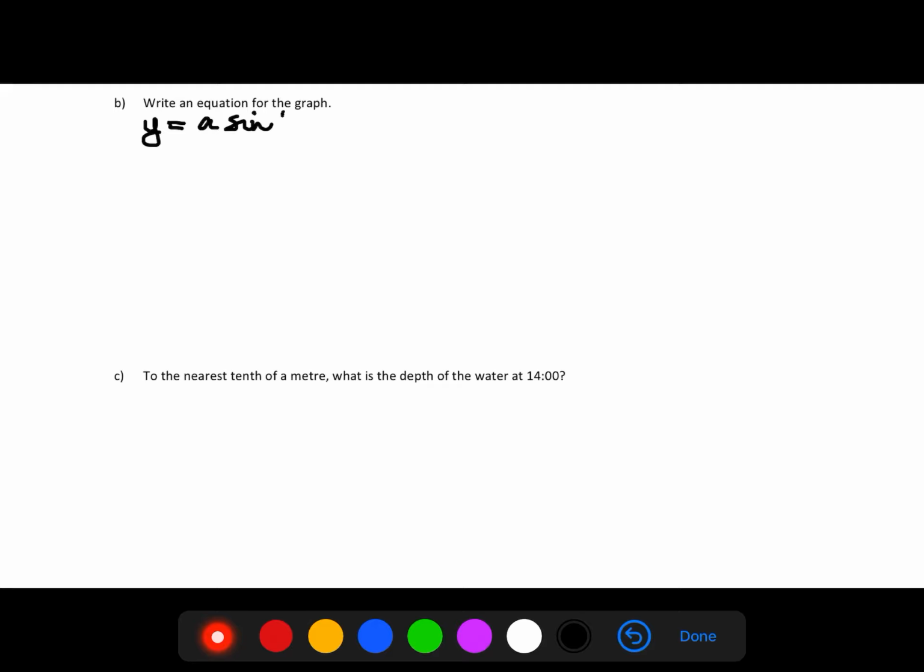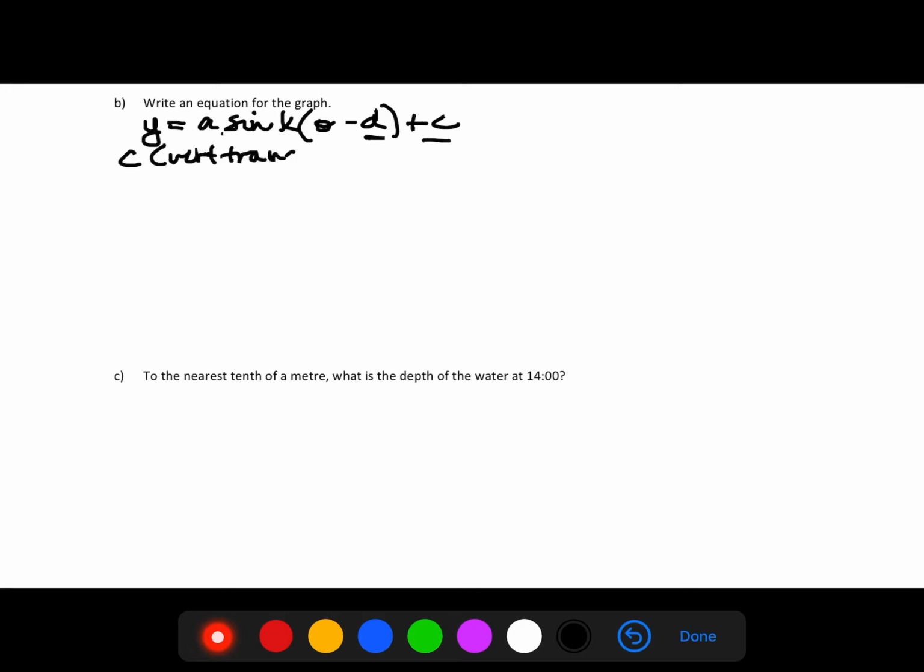Let me start with writing an equation for the graph. We're starting with our base function of y equals a times sine of k theta minus d, plus c. And again, remember that d and c can be an h and a k.